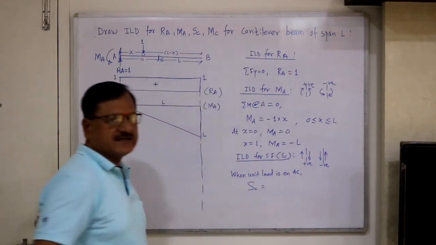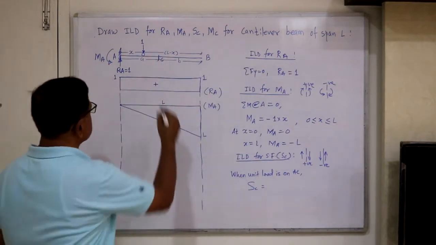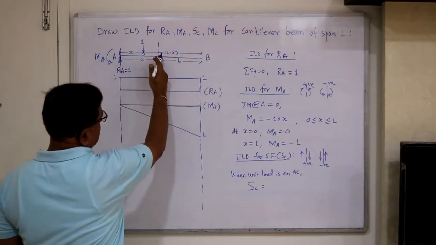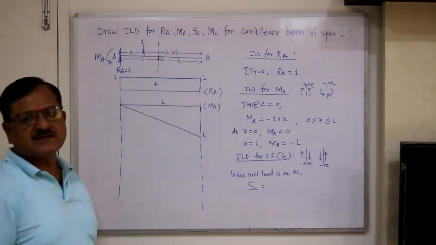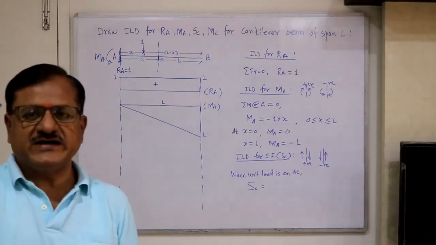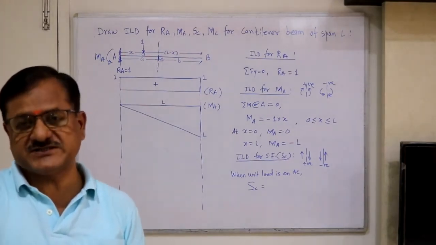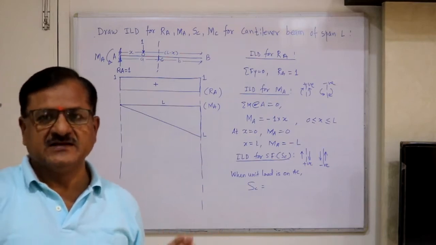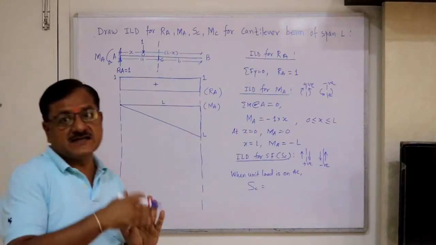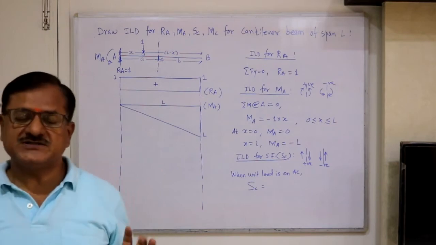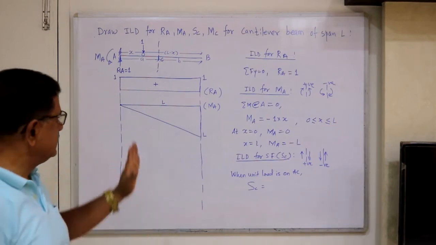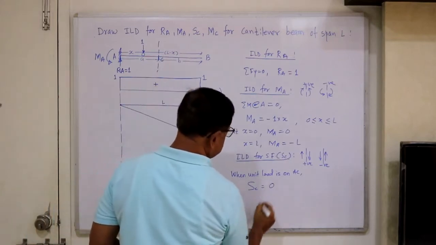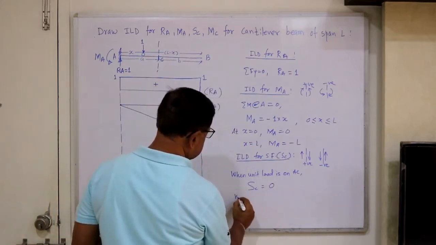So let's consider the right hand part. When unit load is on the left of the section, to find the shear force, take the sum of vertical forces on the right of the section, and there is no force. So shear force is 0.